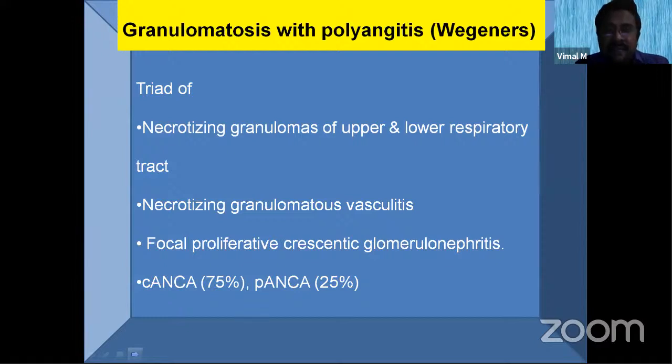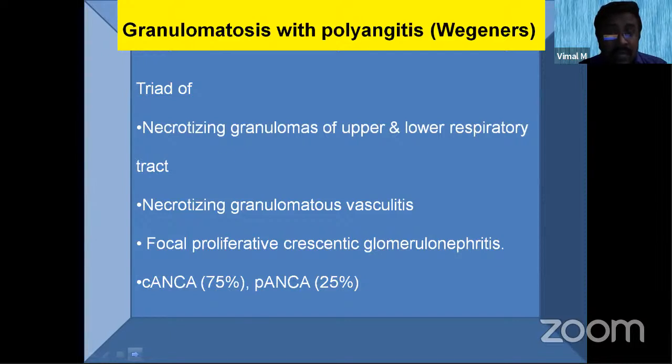So as I said, the recent name for Wegener's is granulomatosis with polyangiitis, and it is characterized by three important features that you call a triad. The triad of Wegener's granulomatosis includes, first, necrotizing granulomas of the upper and lower respiratory tract.